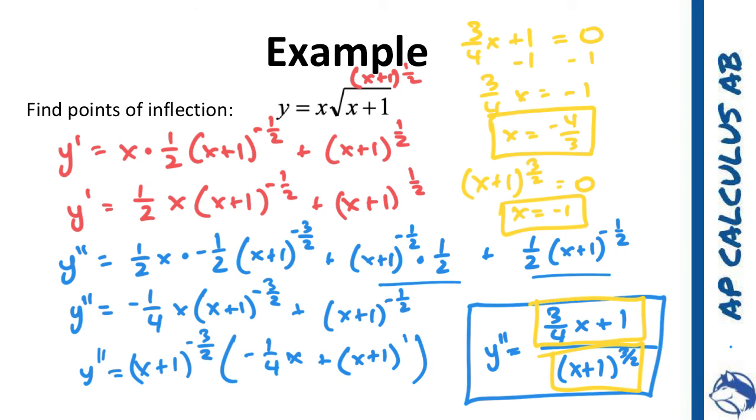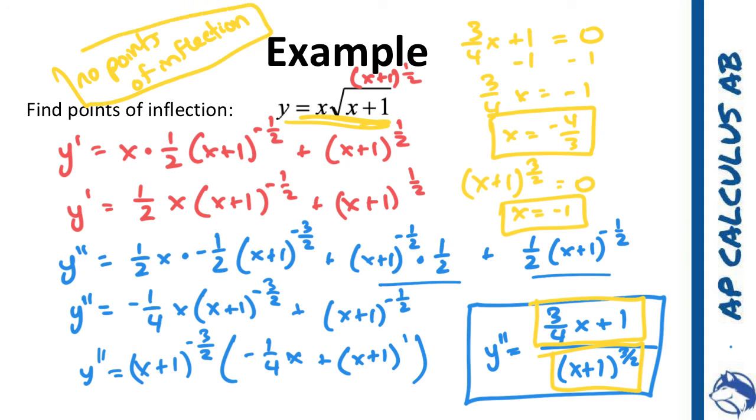So if I go ahead and I look at this, where this is existing, well, I can't go past negative 1 because I can't have a negative square root. So neither of these really work since this is an endpoint, so I have no points of inflection for this one right here.